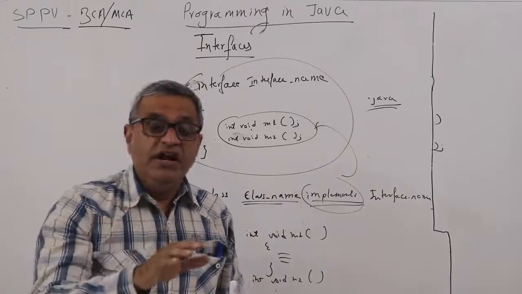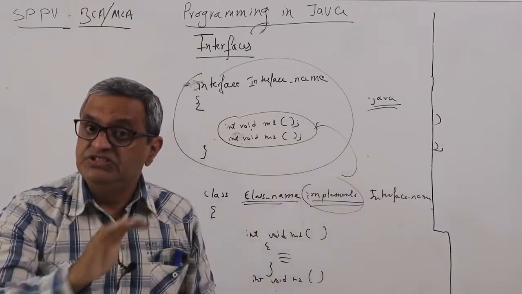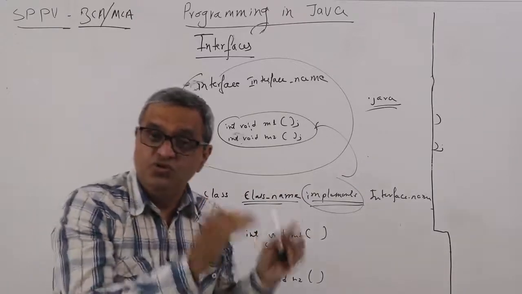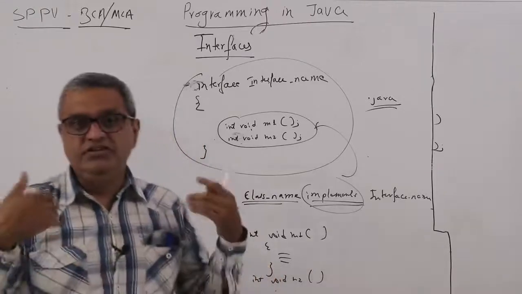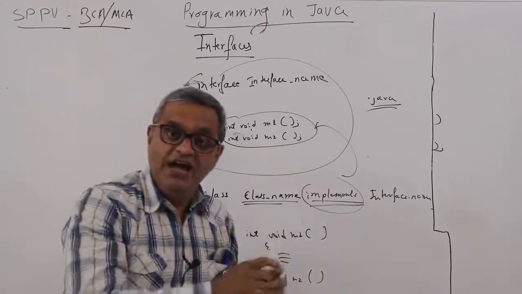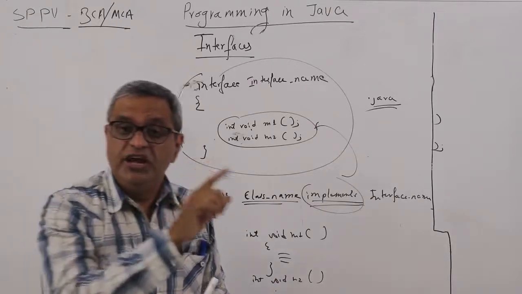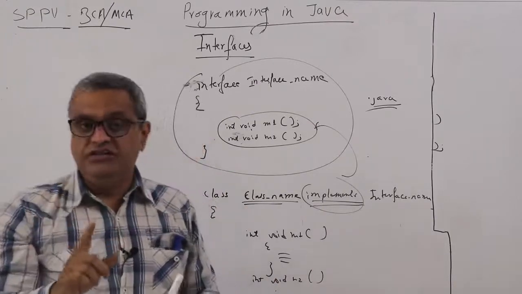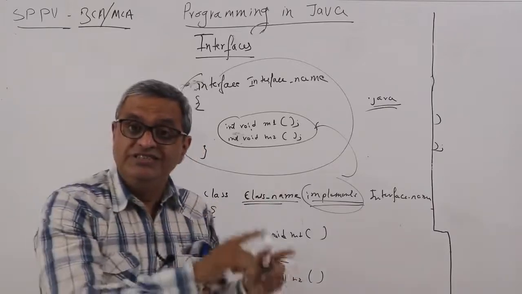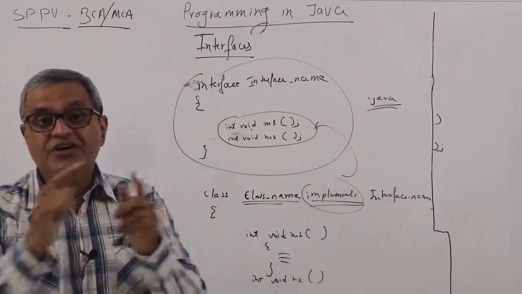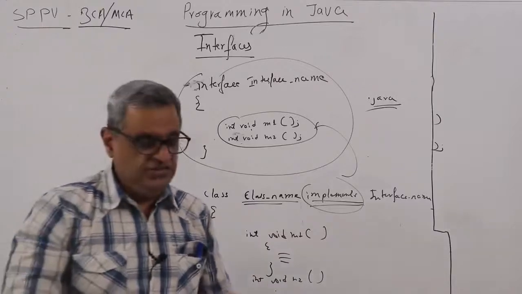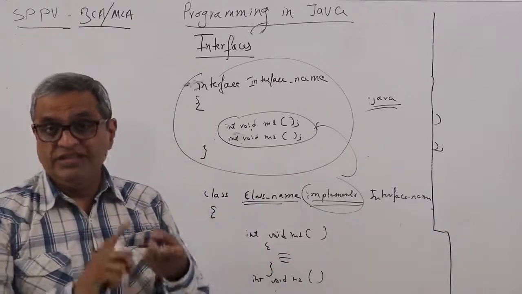But an interface cannot be instantiated. The way you can instantiate a class by having objects, an interface cannot be instantiated. So there are no constructors in an interface. This is a dissimilarity between a class and an interface. A class can have or has constructors.